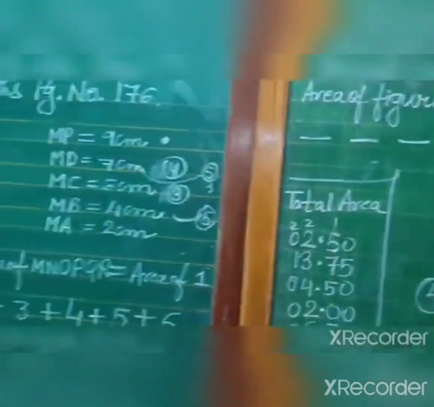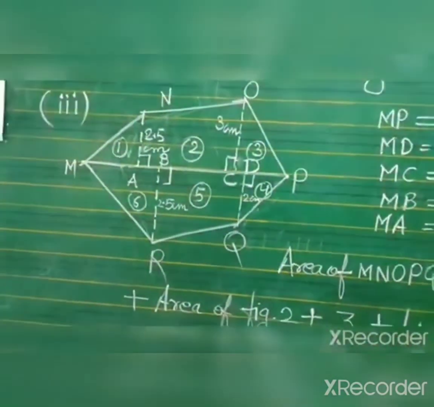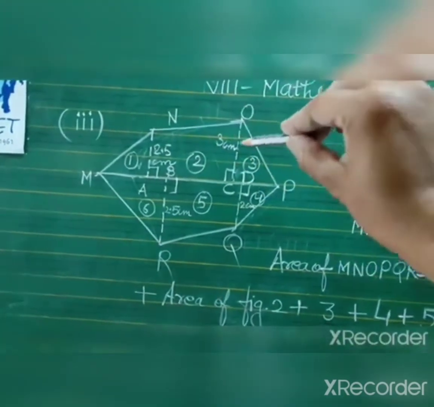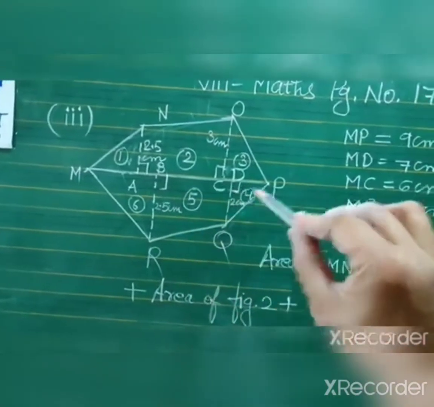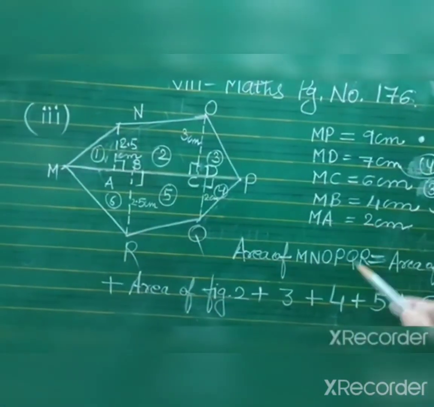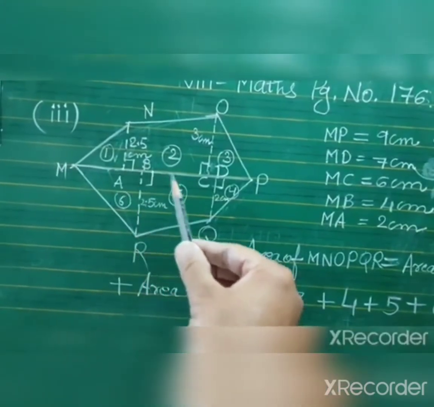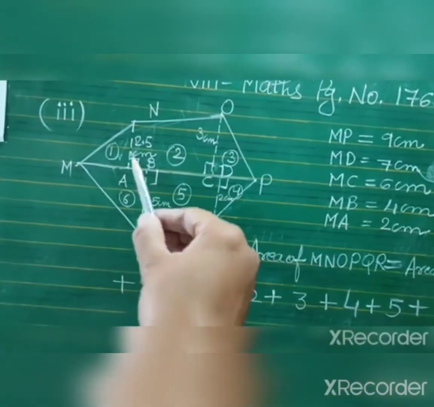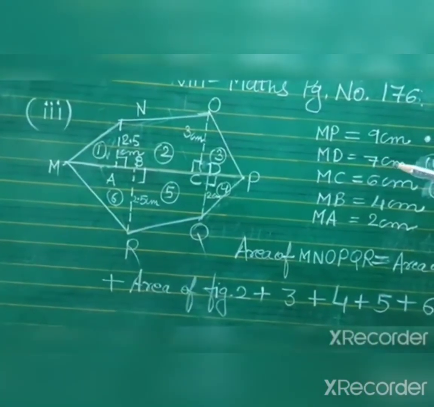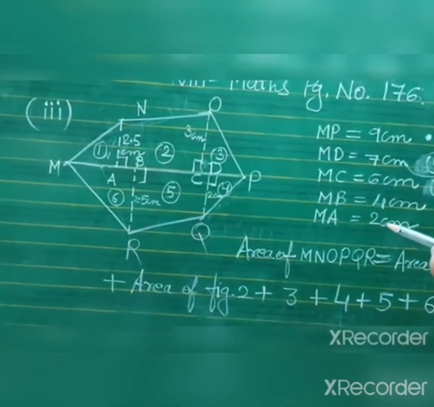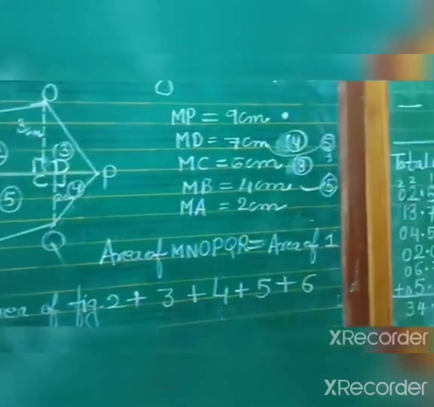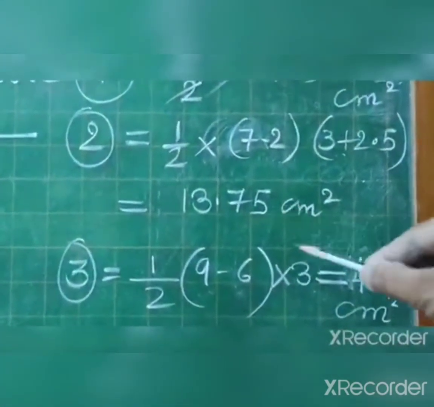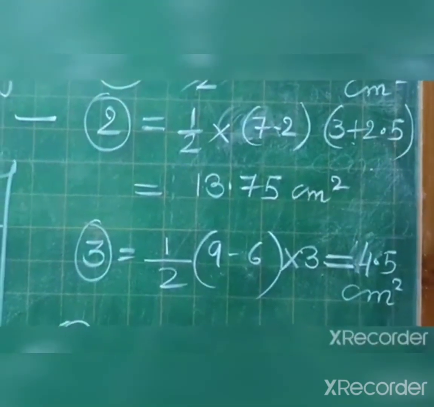Now for figure number 2, parallel sides are 2.5 plus 3.5 and this perpendicular AD. But AD here is not given. So what we can do for AD, MD minus MA. So MD minus MA, that means 5. Okay. So when you will calculate this, you will get 13.75 centimeter square.